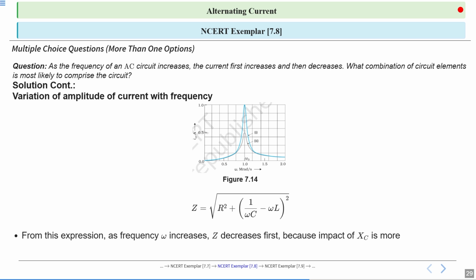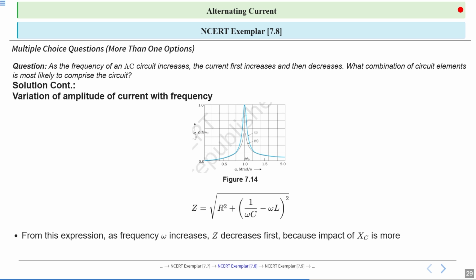Initially, omega L is less than 1 by omega C. When we start increasing the frequency, 1 by omega C will start decreasing and omega L will start increasing. The gap between both of them will decrease, due to which Z will decrease and current starts increasing.